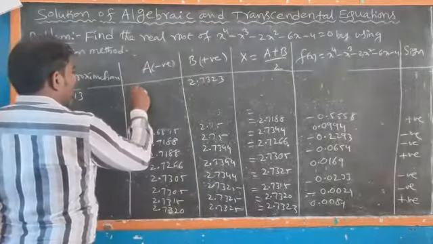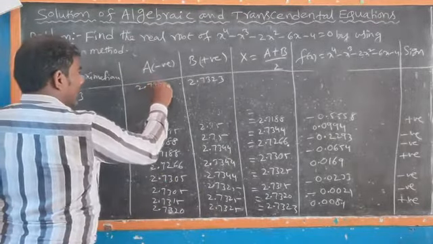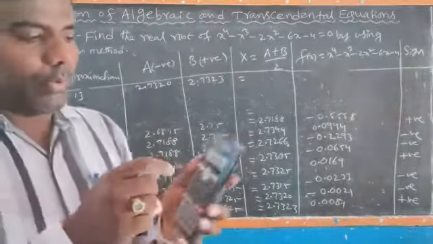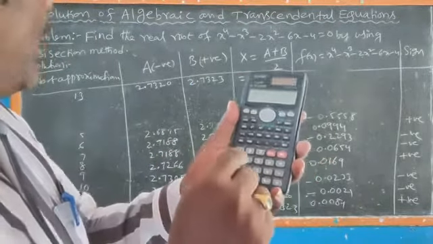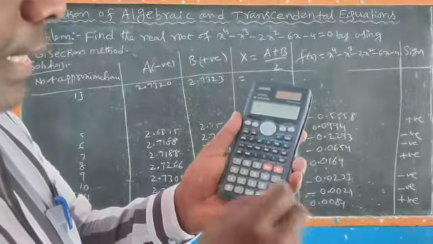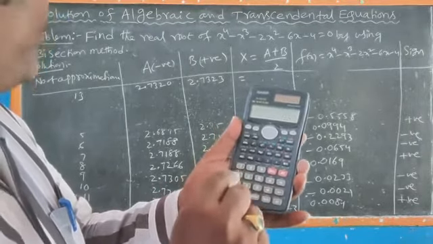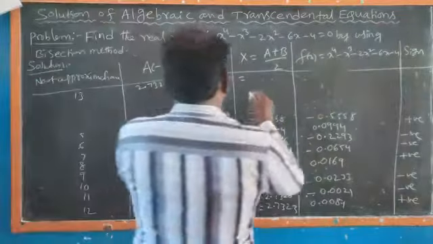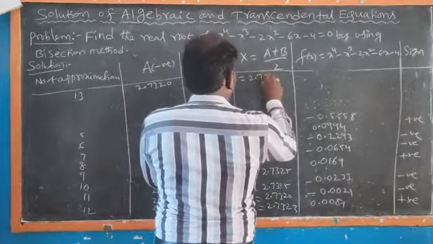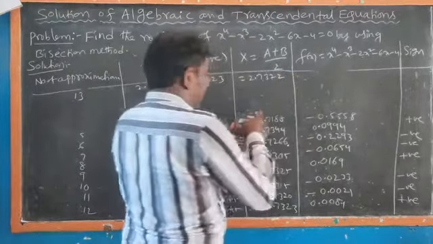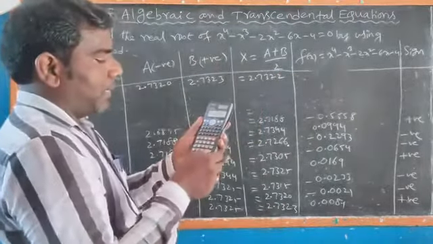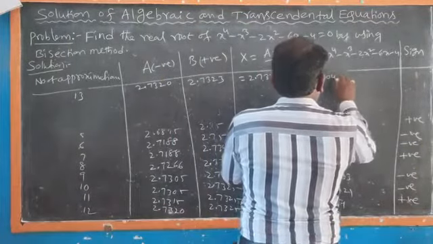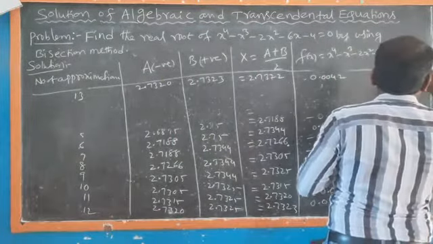What is a? 2.7320. Here go back, we get the formula, then calculate 2.7320 and 2.7323, we get 2.7322. Substitute x in f of x, then 0.0042. This is a positive value.